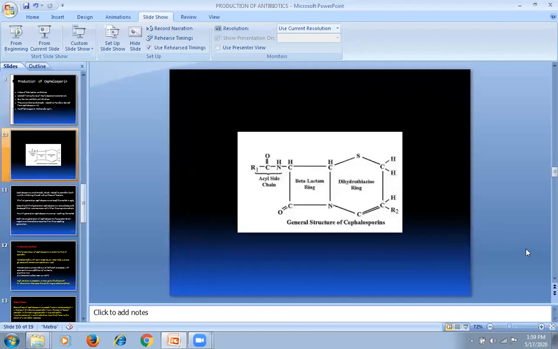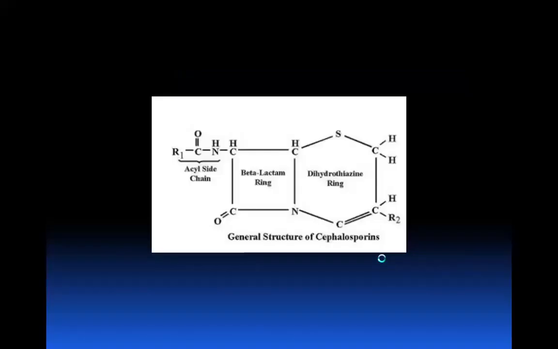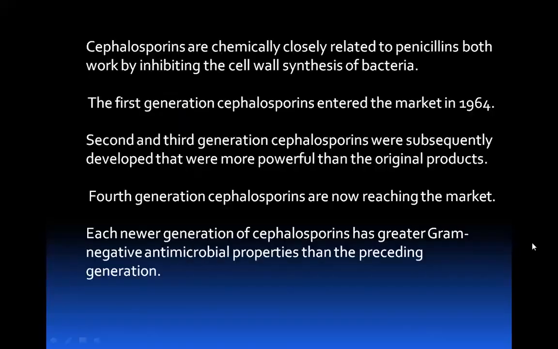This is the general structure of cephalosporins, and these are chemically closely related to the penicillins we've discussed; both work by inhibiting the cell wall synthesis of bacteria. Each newer generation of these cephalosporins has greater gram-negative antimicrobial properties than the preceding ones.